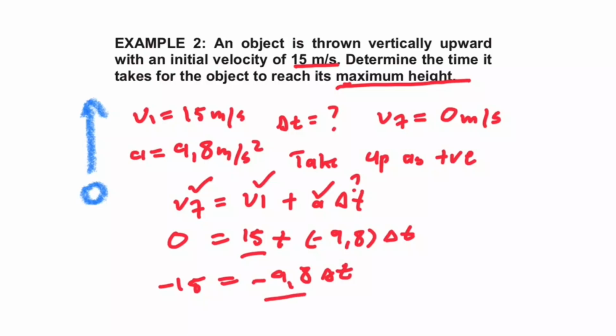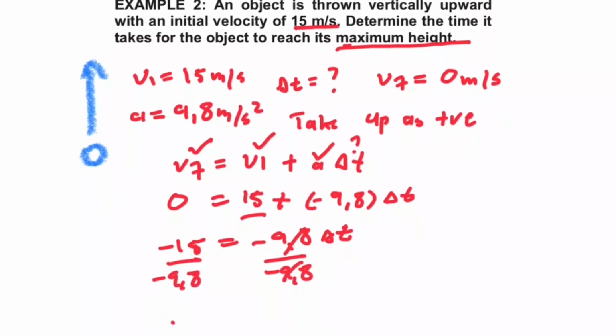So let me go ahead and do that. I'm dividing by minus 9.8 on both sides. If I do that, I'm going to have delta t equal to 1.53 seconds. With time, we don't have to worry about direction. It is a scalar and not a vector.